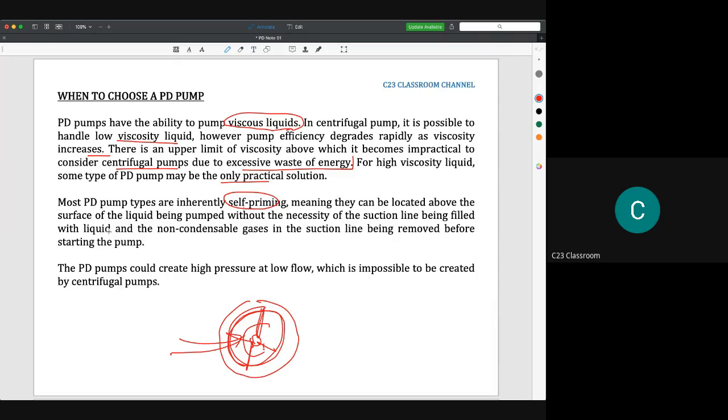Dia ada dua idea. Pertama, the main idea is self-priming. Self-priming ni untuk kita overcome dia ialah dengan cara memasukkan air di dalam suction line, atau kita kena buangkan gas yang tersimpan di dalam suction line. So this statement is telling you about this.